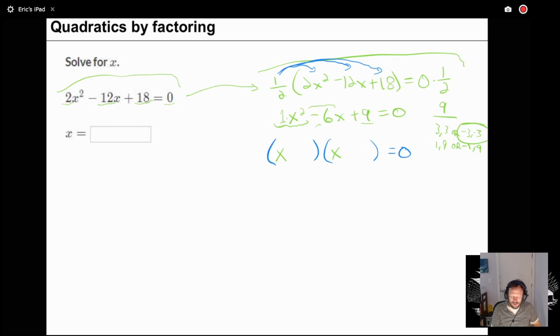That's how I'm going to create that 1x squared. And then I pull these values over and I have a -3 and a -3. So I have a number, x minus 3, times another number, the same number, equals 0. So that number has to be 0. So x is 3 and we're done.